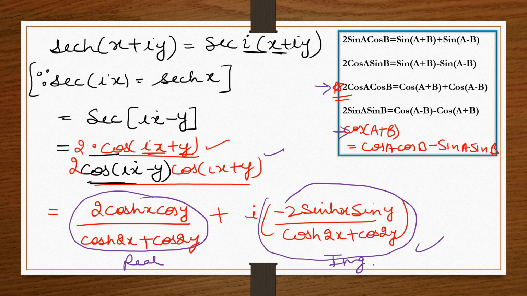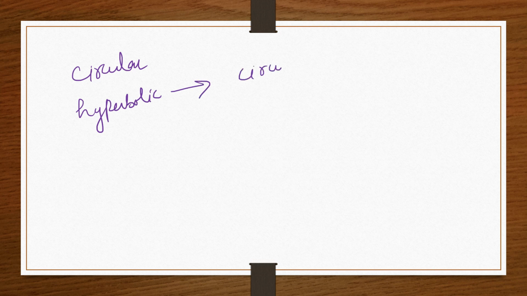Okay, with this we are done with all the functions, right? So we have done circular functions, okay, then we have done hyperbolic functions by converting it to circular, okay, but we have the formulas for hyperbolic functions also. But the thing is, we already have so many formulas which we used to learn, so better to convert the hyperbolic to circular functions.